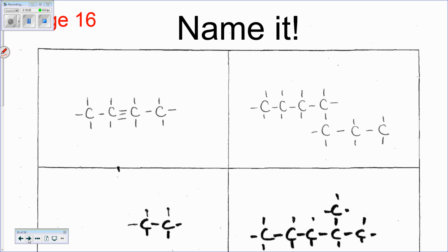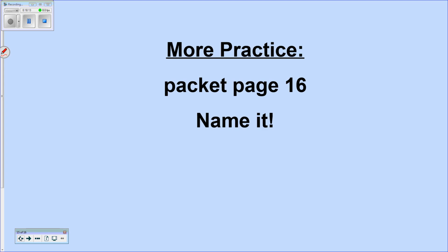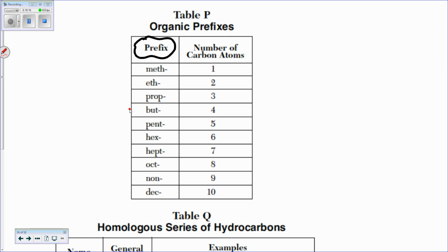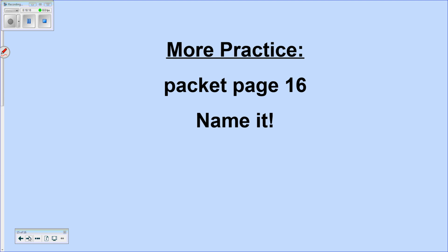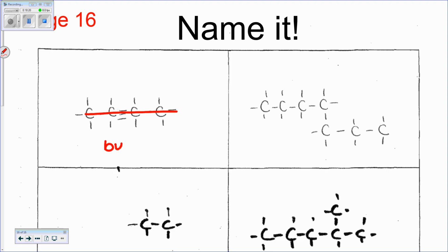Well, this first one goes straight. 1, 2, 3, 4. So I'm going to say 4. I go to table P, 4, but. So I go but. I see a triple bond in there, so yne, butyne.